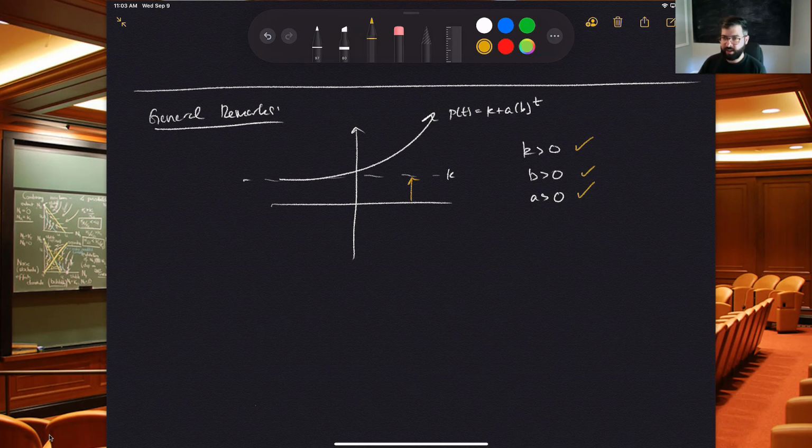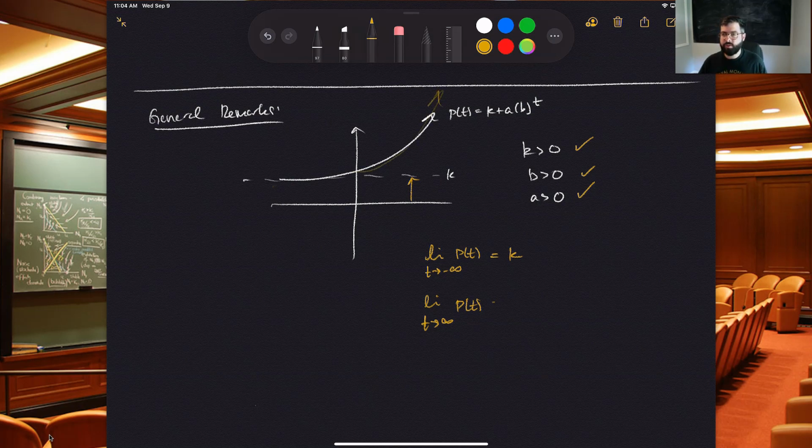And so when this is the case, we know that the limit to the left, as t approaches negative infinity of p of t is going to be equal to k. And the limit as t goes to infinity of p of t, is that going to exist?